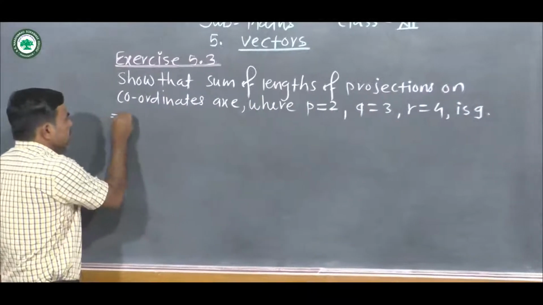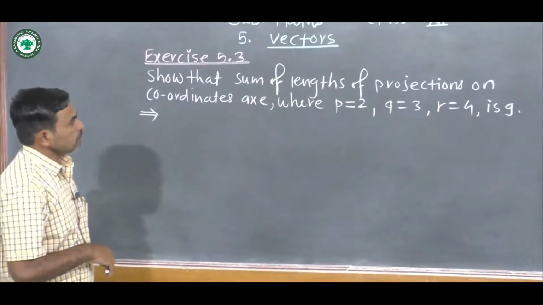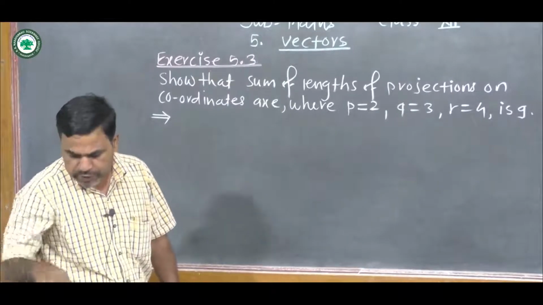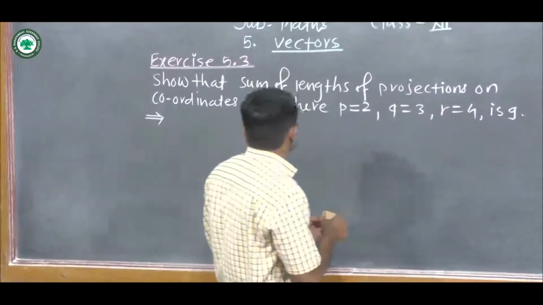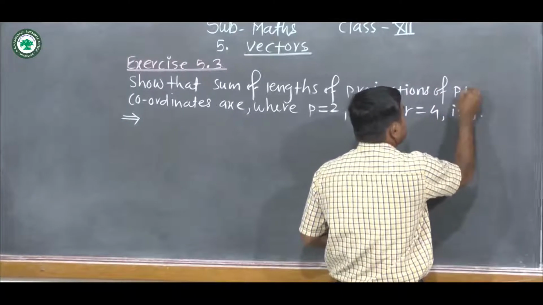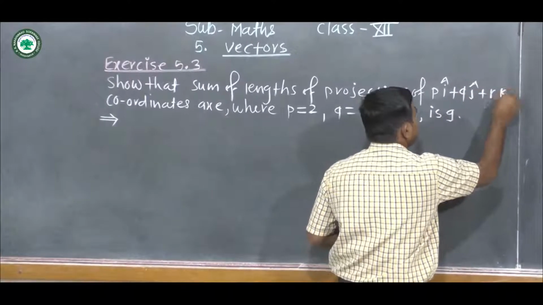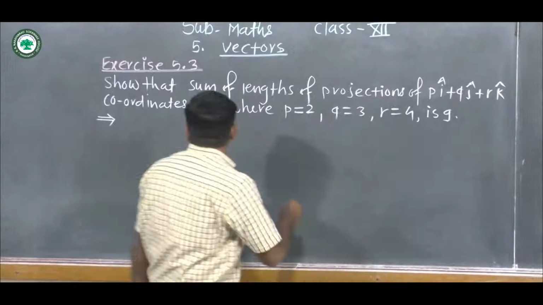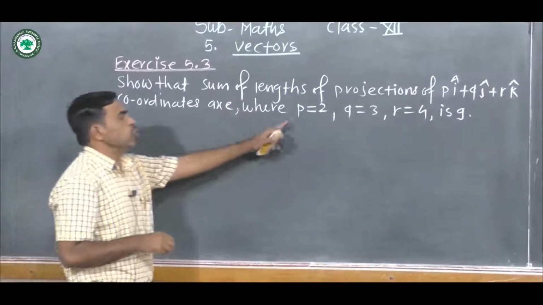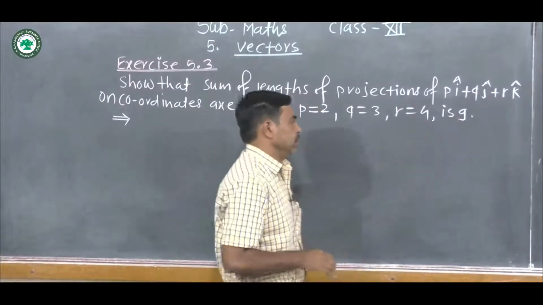So see, here we have to show that the sum of the projections of P into I cap plus Q into J cap plus R into K cap on coordinate axis where P is 2, Q is 3 and R is 4 is 9.